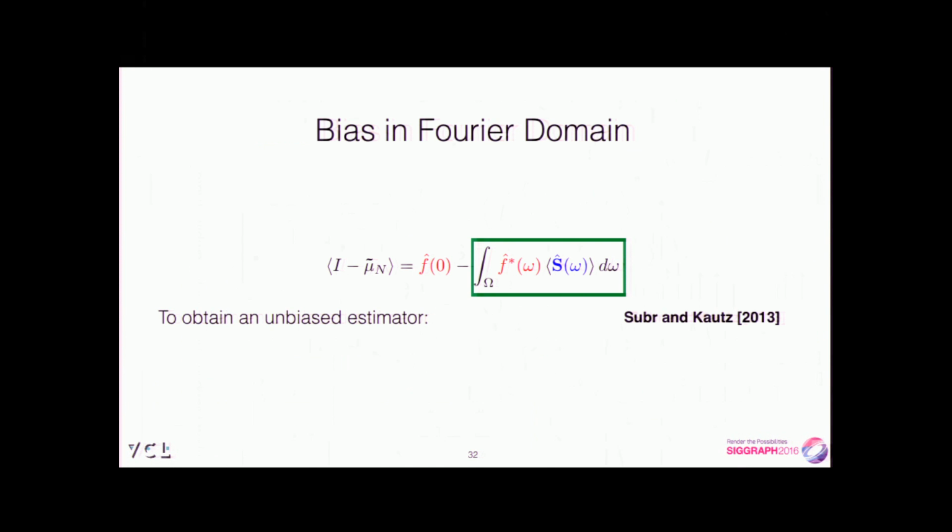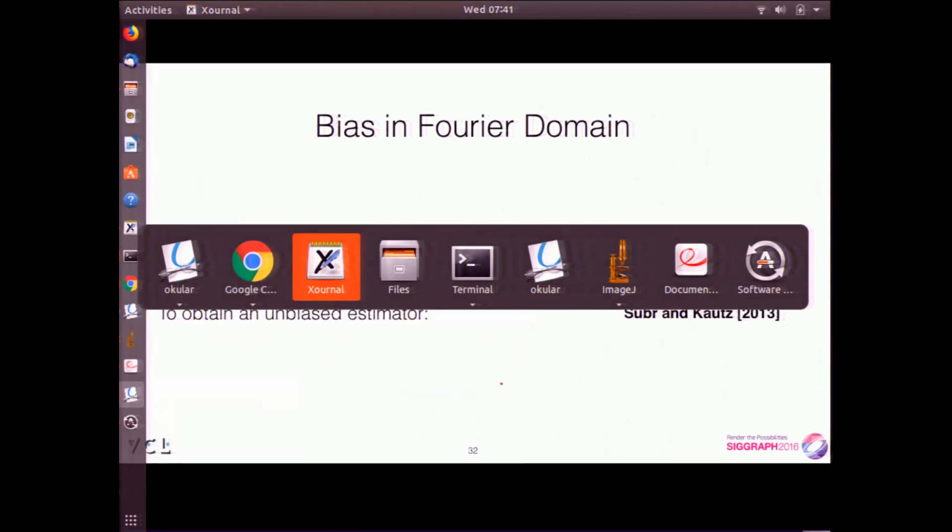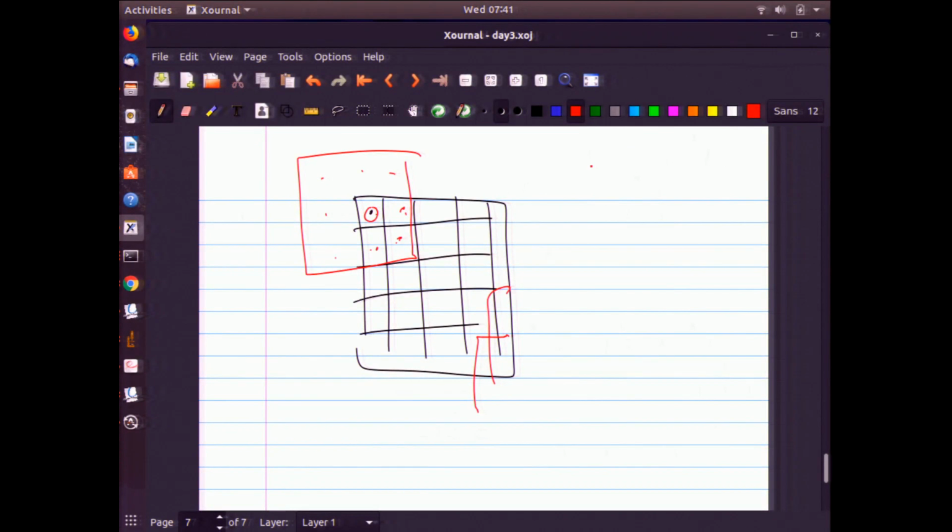We've seen this yesterday. You should be able to tell me, right? So let's, if it's not immediately obvious, we had f hat of 0 minus integral f hat conjugate of omega expected s of omega d omega. What should this be for this to be f hat of 0? Yeah. So if this was a Dirac, then what happens when you have a Dirac?